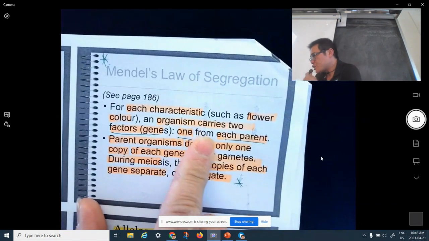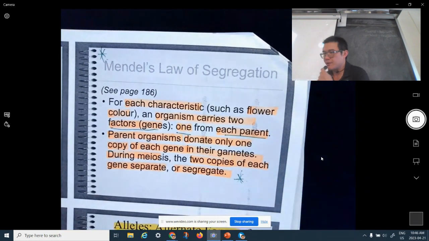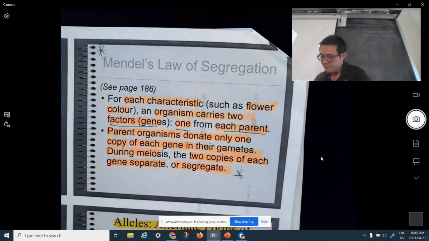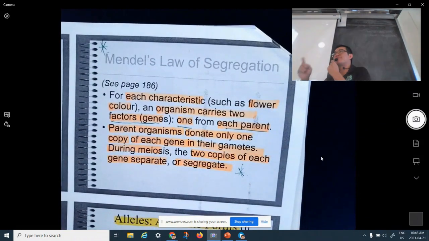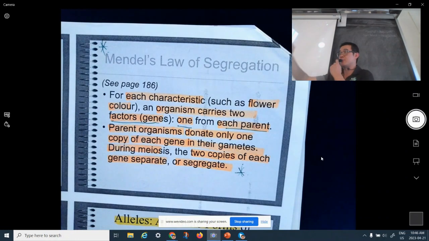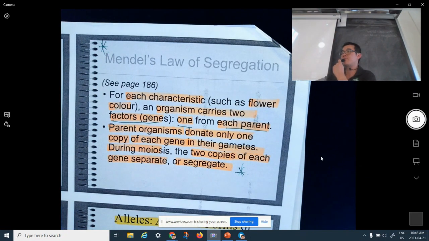Know the law of segregation. Mendel's law of segregation. I don't think it's really written on this handout right here. Essentially, if you have genes or traits that are on different chromosomes, what happens on one does not affect the others. Okay, what happens on one, it does not affect the others.